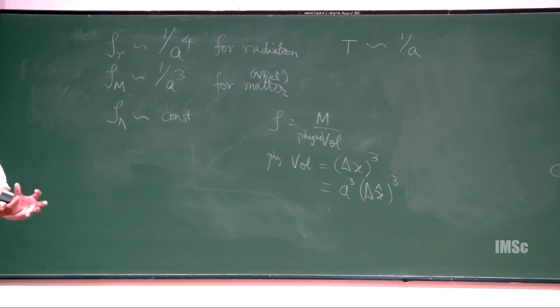It's just some clump. It's not sensitive to the thing. So knowing how these different components redshift is something very useful whenever you analyze all of these things.